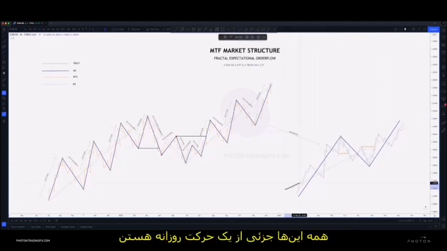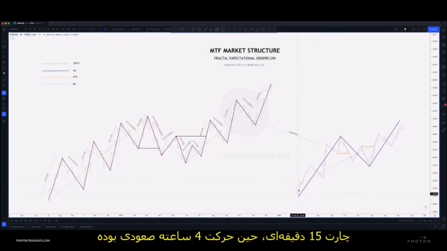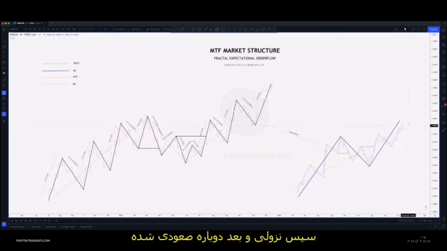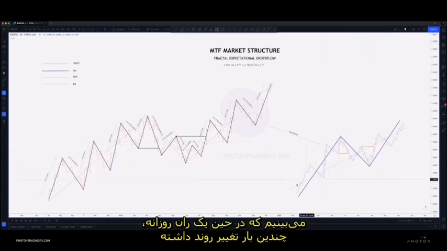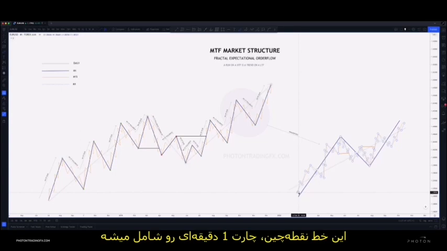And all of that is just part of one daily leg. So the 4 hour is bullish during the bullish daily leg. The M15 is bullish during the 4 hour leg, then bearish, and then bullish again. So it switches trend multiple times in just one daily run. And then what do we also have? Within the M15 single run there, that pro trend 15 move, the dotted line here is the M1, the 1 minute chart.